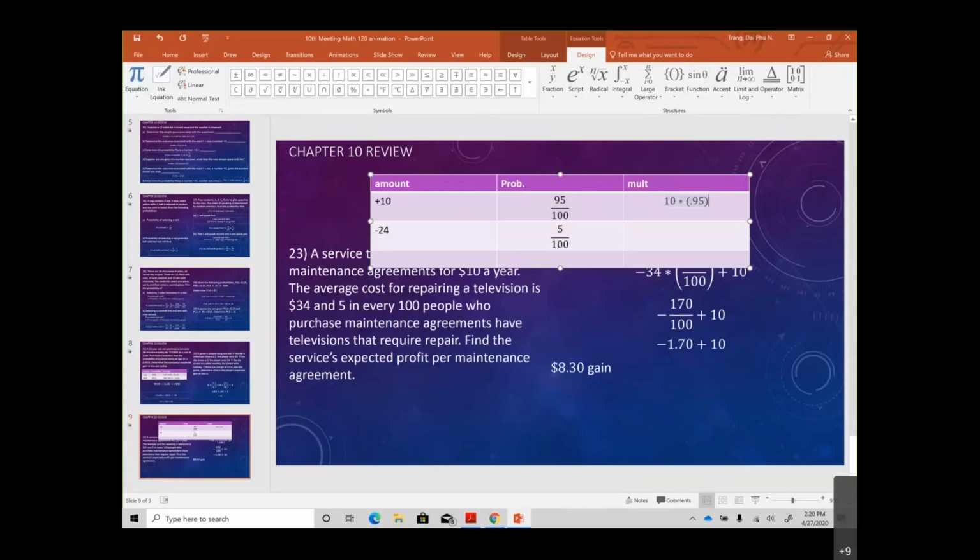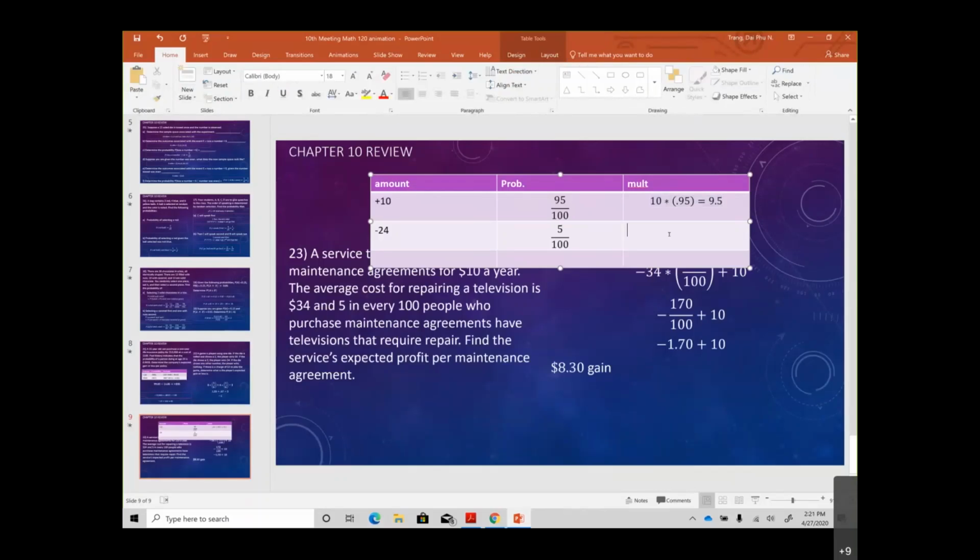Let me skip one step right here. If you multiply this out, you have 9.5, right? 10 times 0.95 will give you 9.5. And on the bottom here, you have negative 24, right?